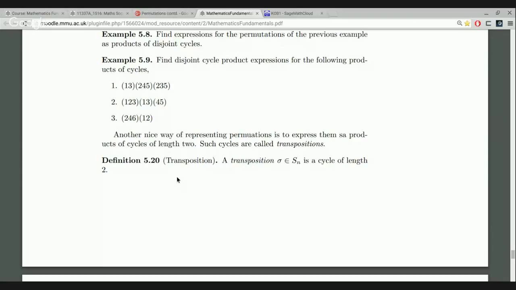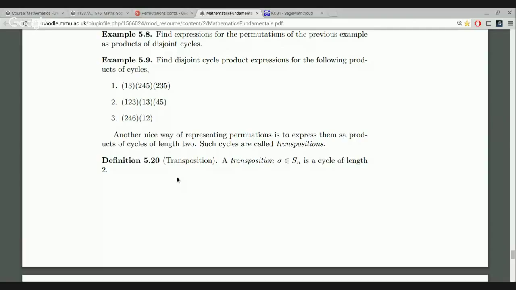Composition, sorry, I keep saying the wrong word, of transpositions. Any permutation, if we so desire it, can be broken down into a product, a composition, of a collection of transpositions.